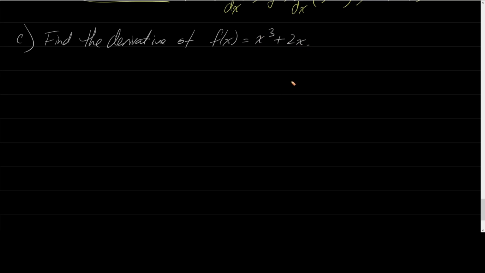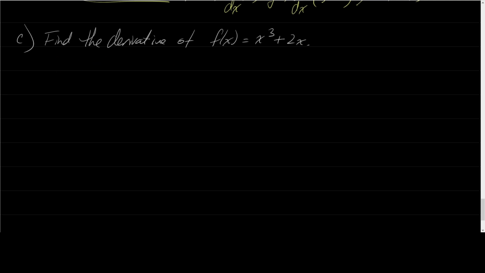All right, so here we go. Example C. Find the derivative of f of x equals x cubed plus 2x. Anytime we want to use a formula, we need to write it down.